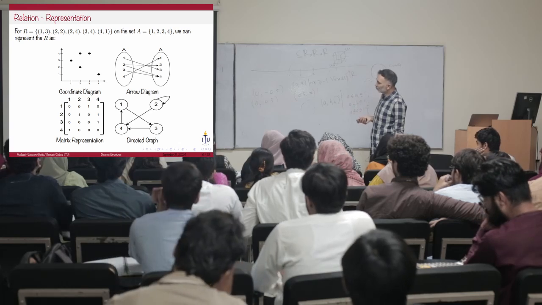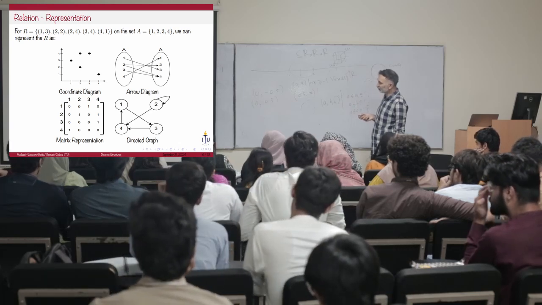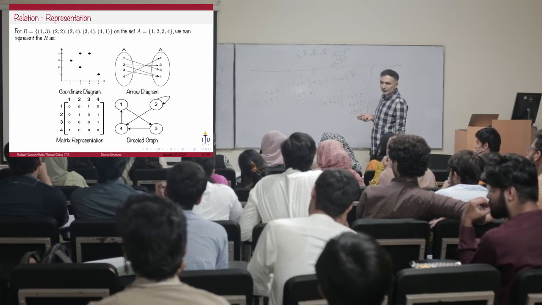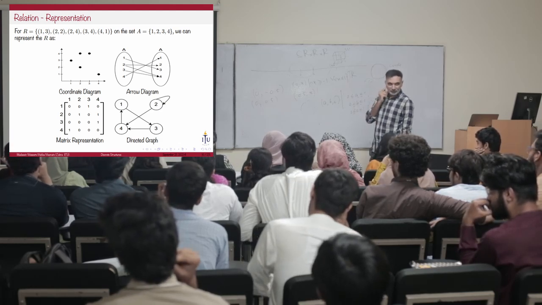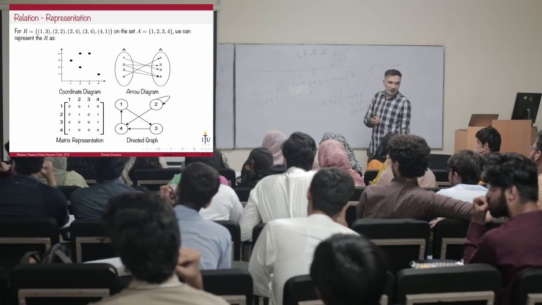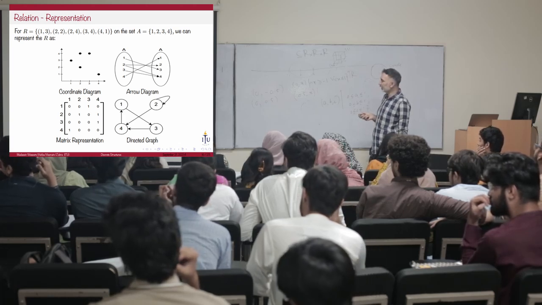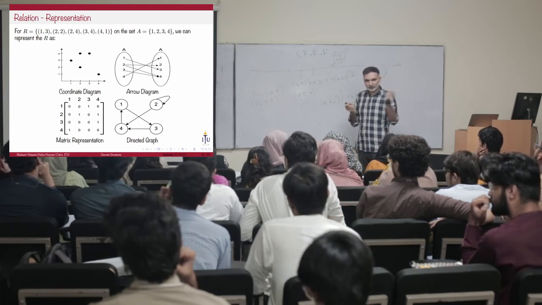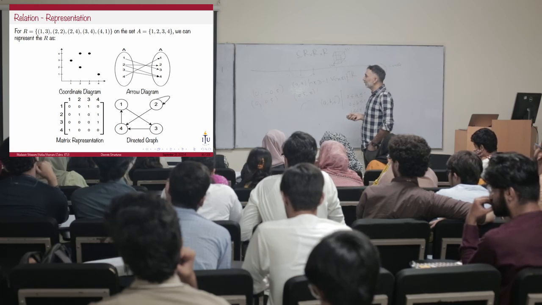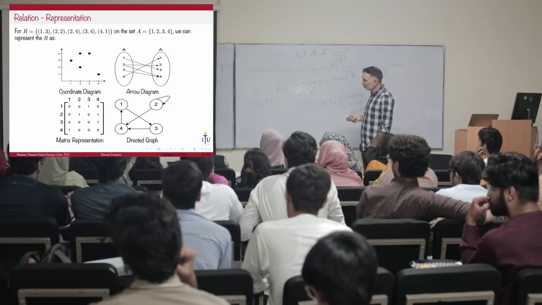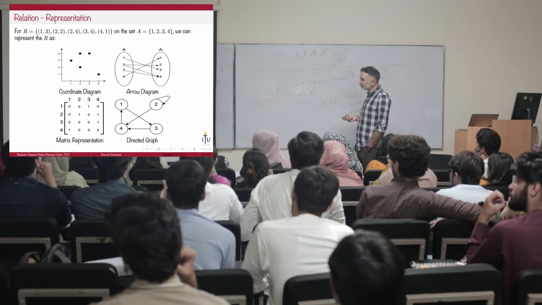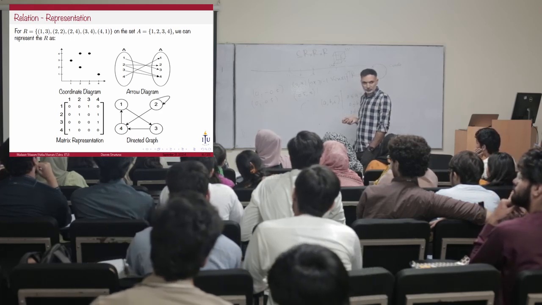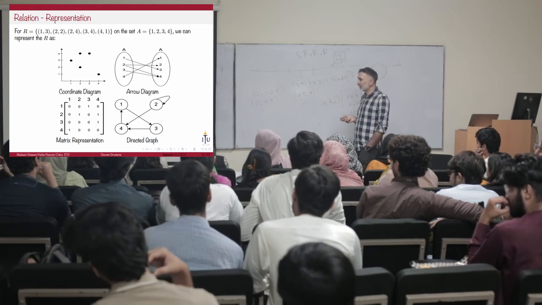Here are some other ways to represent them. First of all, we saw this Cartesian diagram, the coordinate diagram, which we used to represent points in 2 dimensions or 3 dimensions. This is the arrow diagram, in which you write the sets on 2 sides and then have arrows from one side to another. You also have a matrix representation. What you do is represent the first set as the rows and the second set as the columns.